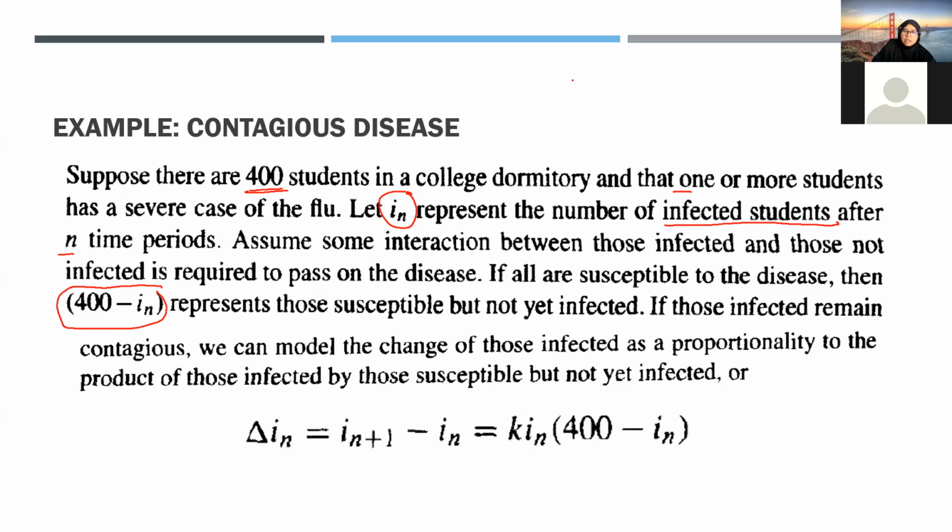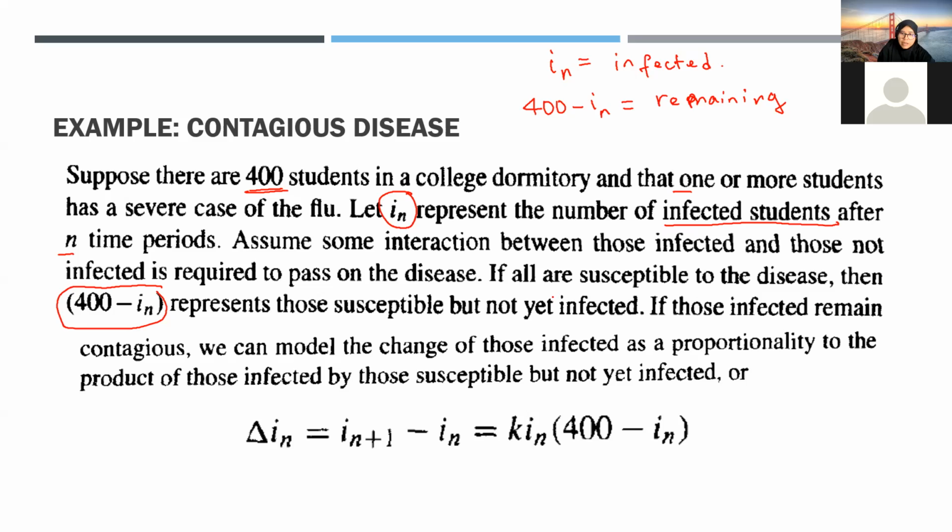So IN is the infected students, and then 400 minus IN is the remaining healthy students.